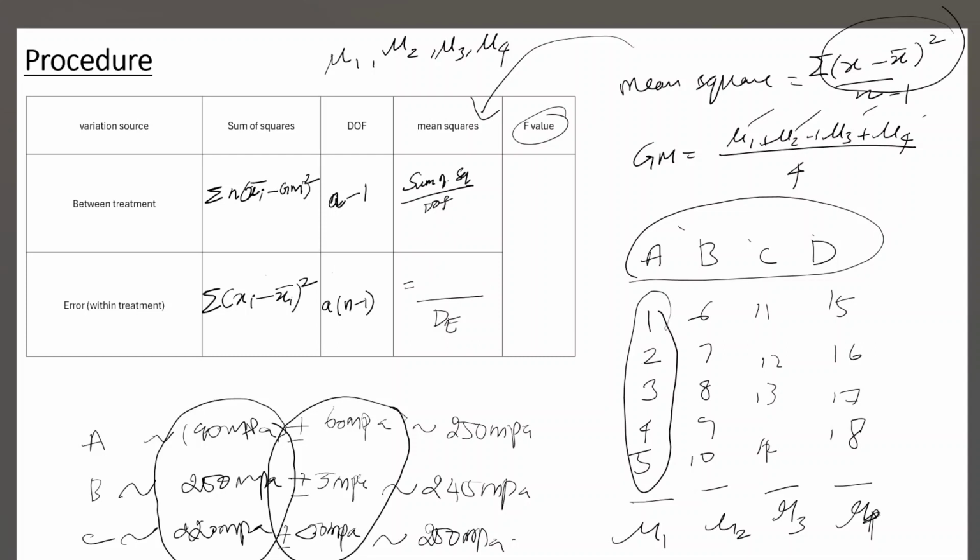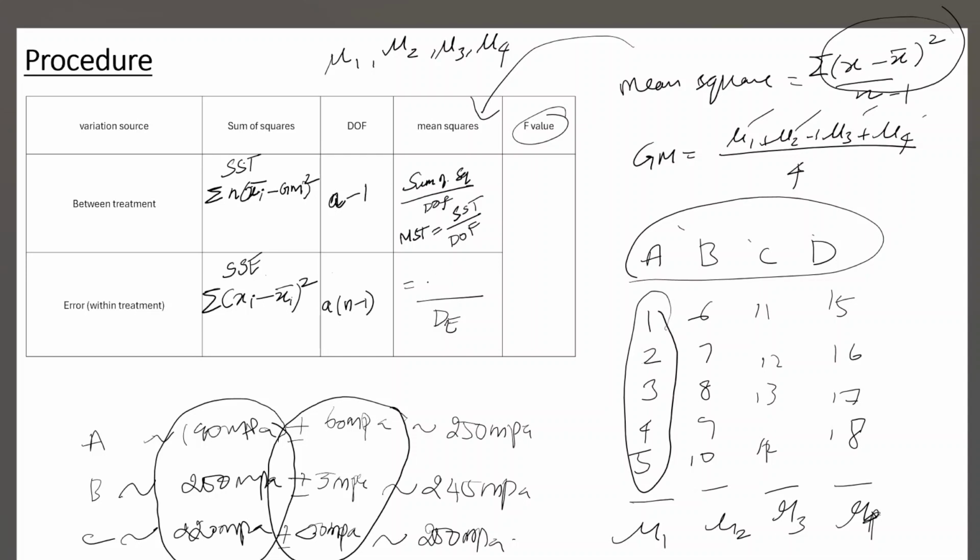We can call this T, and this E. So MST means the mean square of the difference between the treatments: SST divided by dt, or whatever you want to call it.